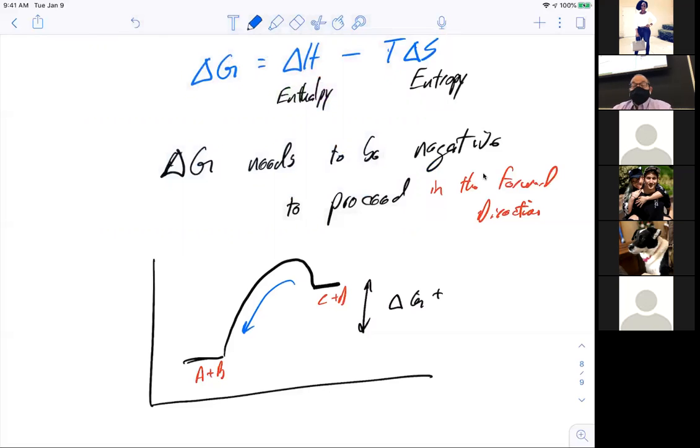Now I can force it with an enzyme, I can force it with energy, I can force it with constructs. But in general, if this is just two molecules sitting out there, I could potentially get it to go forward, but it'll go backwards faster because the delta G is in the wrong direction.